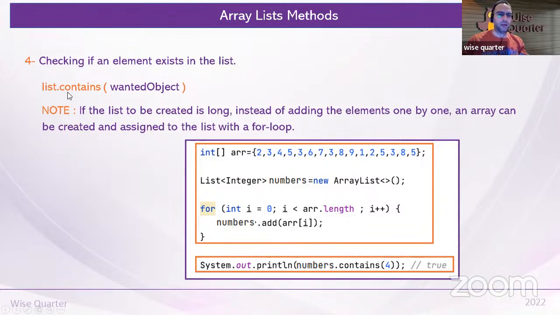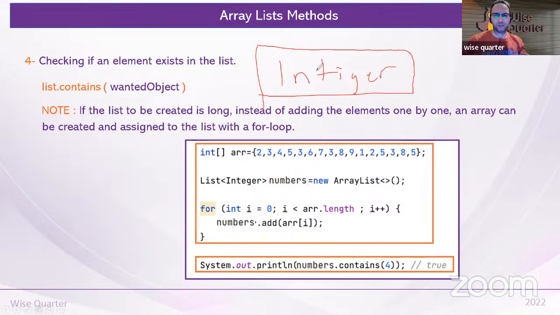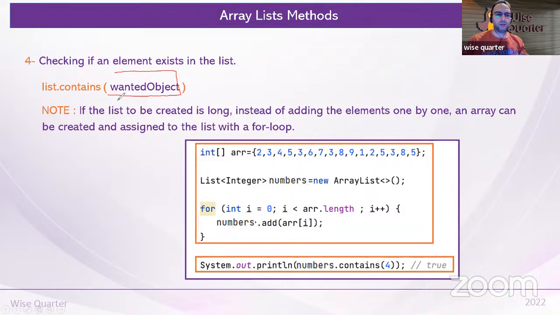List name contains, just like a string value, and you need to write the desired or wanted object. I'm saying object because when we talk about non-primitive data types, integer, for example, all the numbers will act like an object. And you can enter a number directly here. Don't worry about it for now.